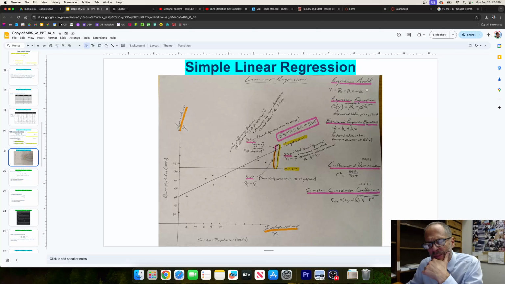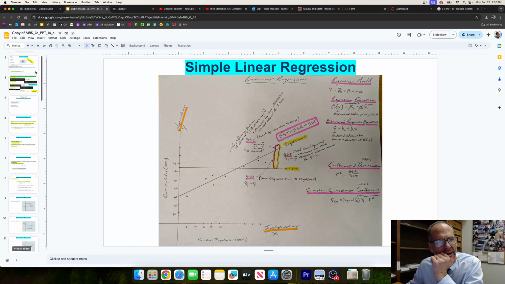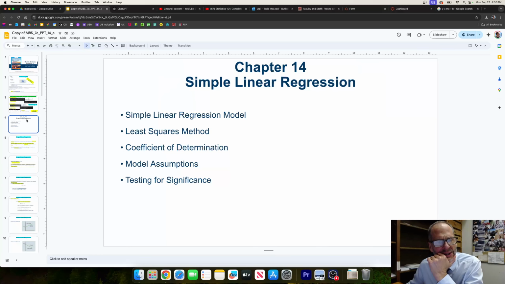And if you really think about the entire model, there could be some error in there. Further into the chapter, we may or may not cover this in this course, because all we have to do in this course is teach simple linear regression.